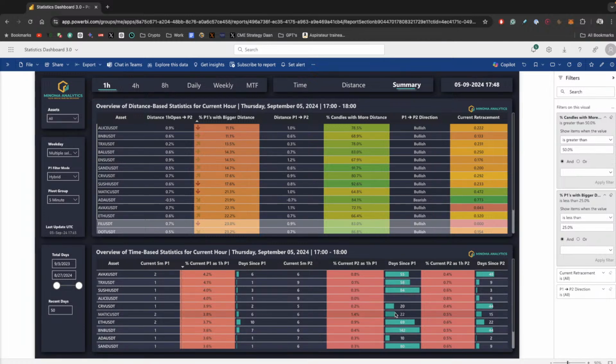And I know some people use the 1 hour. But for example, now we are, I mean, we're already too far in the 1 hour. But if I select these, you can see that a lot of the assets that have now current 5 minute P2 here, it's been a long time since they have been a P1.